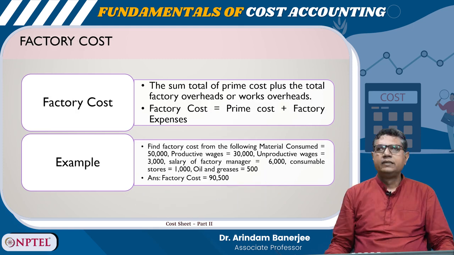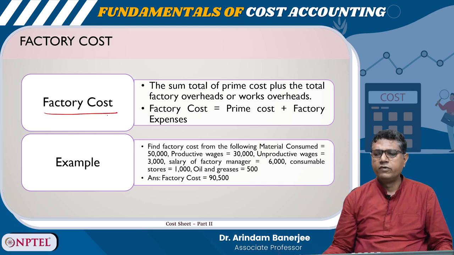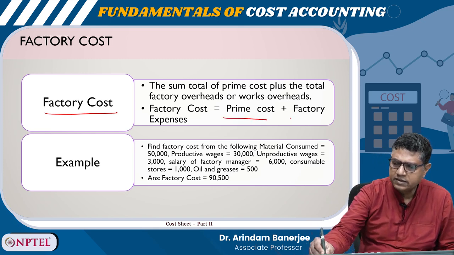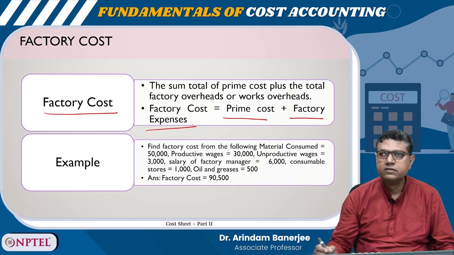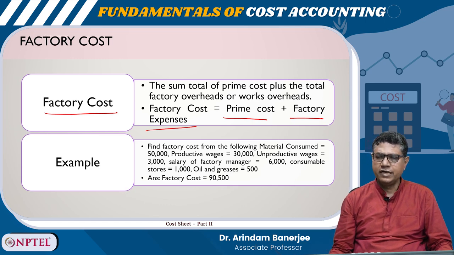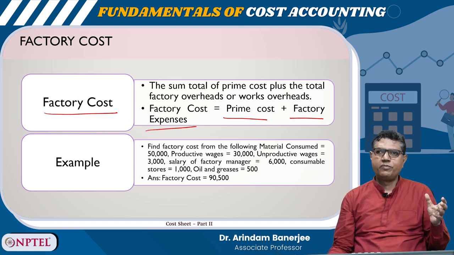Fine. The second item is the factory cost. What is factory cost? Factory cost is prime cost plus the factory expenses. It is the sum total of prime cost plus total factory overheads or works overhead. All direct costs we have already taken in the prime cost.